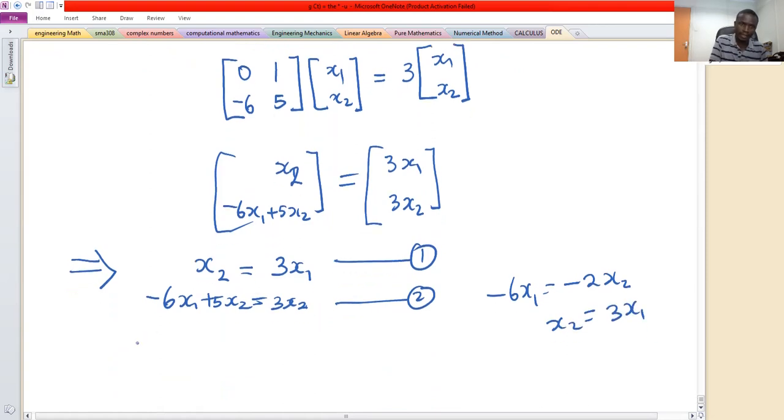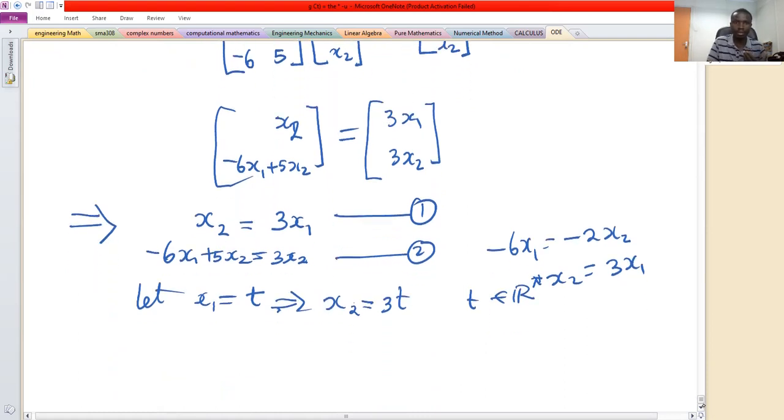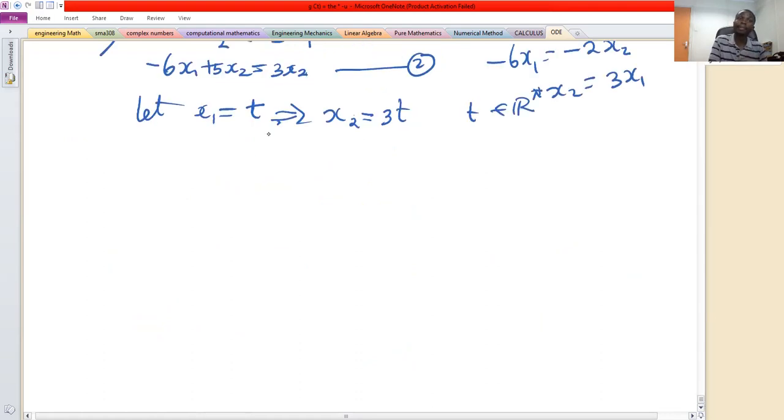So when we let x1 be t, then x2 will be 3t. Remember, this t is any non-zero real number, because if it's 0, then we have a zero vector, which is not an eigenvector.